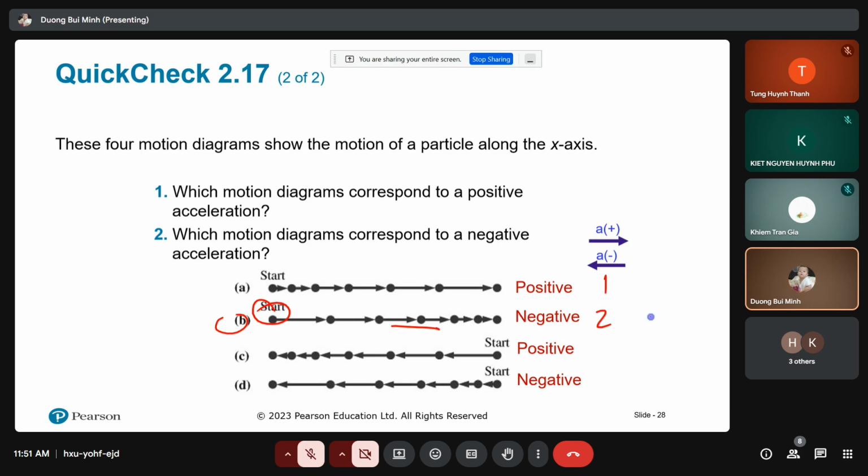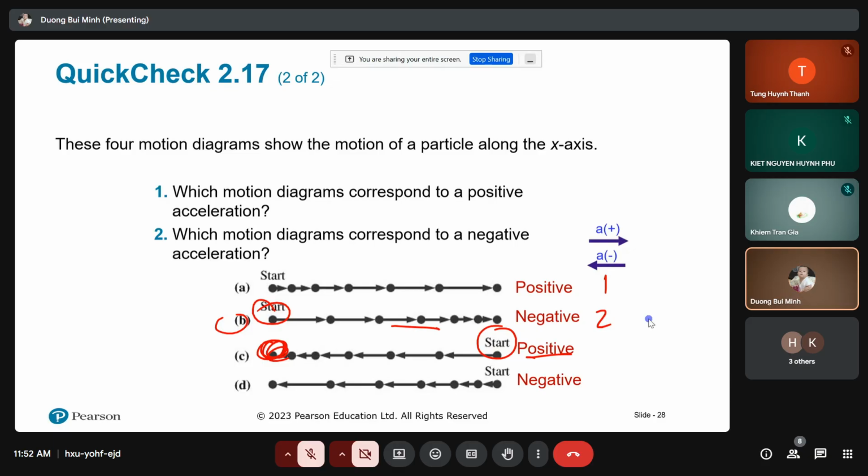Now you start here, and after some time you stop. So that means positive. Positive with what? Positive with the position vector. You need to compare with the position vector.